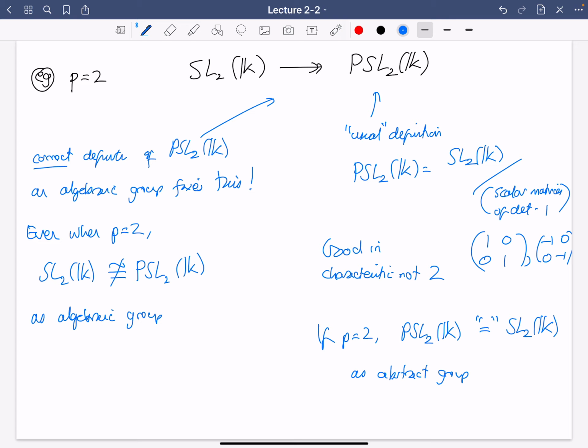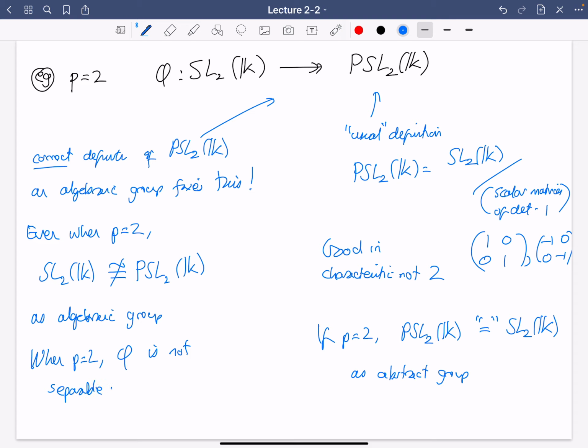There's still always this quotient map from SL2 onto PSL2 of K, and when p equals 2, this quotient map phi is not separable.